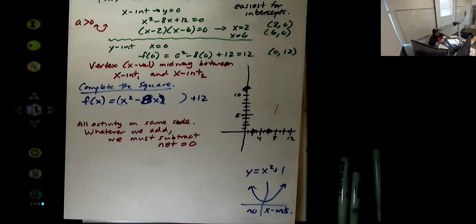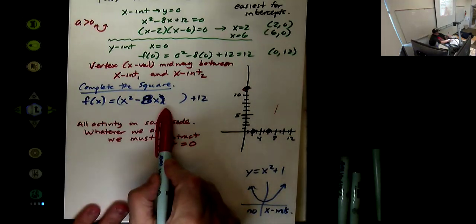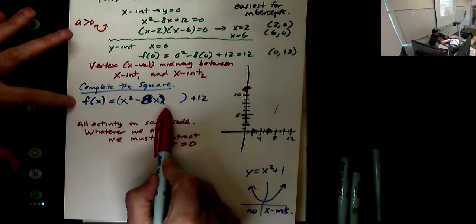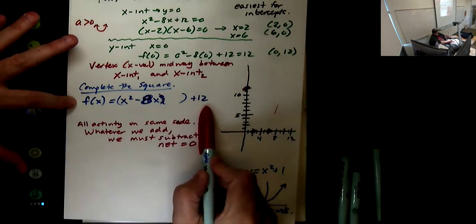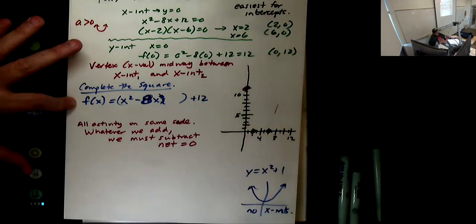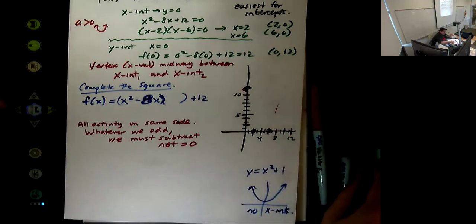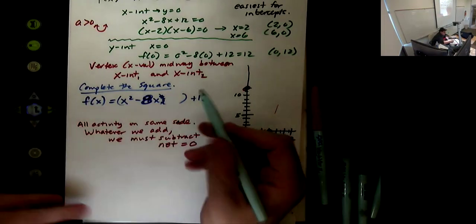Like when we did complete the square before, we used to add the same thing to both sides. Now, instead of adding it to the other side, I'm just going to subtract it from the same side. If it makes you feel better, you can add it to both sides, but then you need to get f of x by itself, so you're going to subtract it over. But the complete the square process is the same.